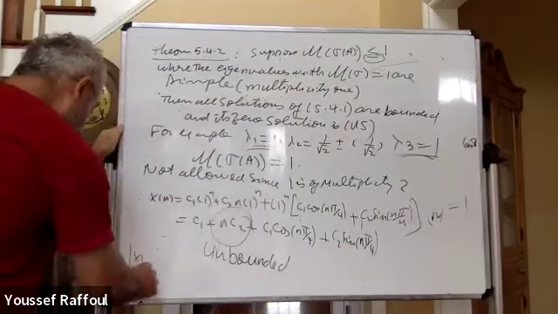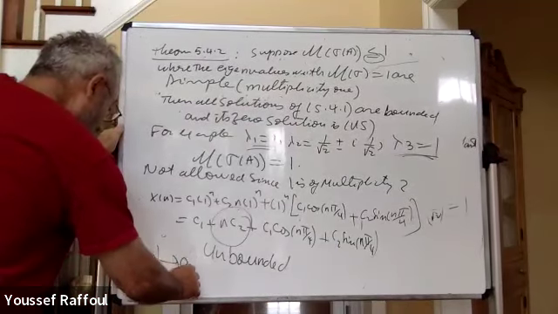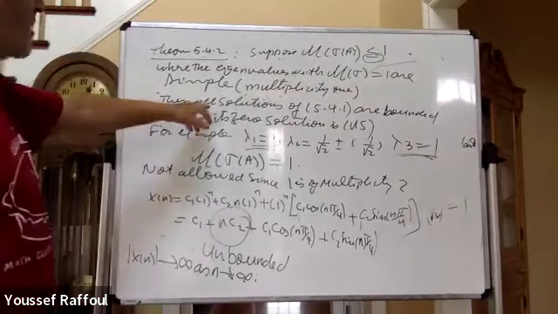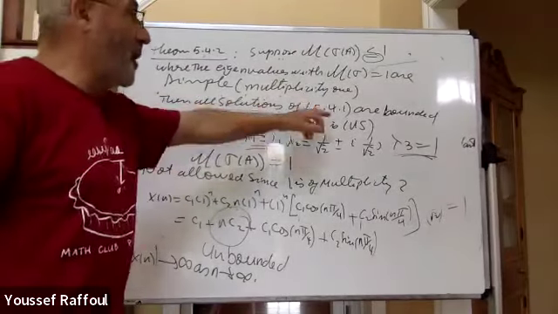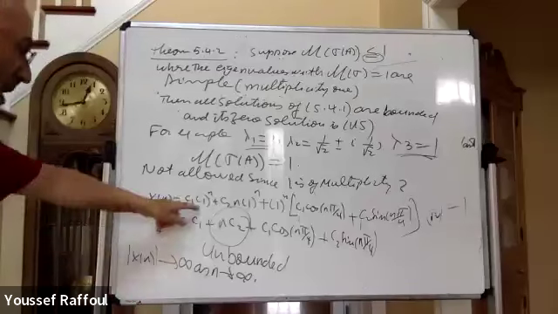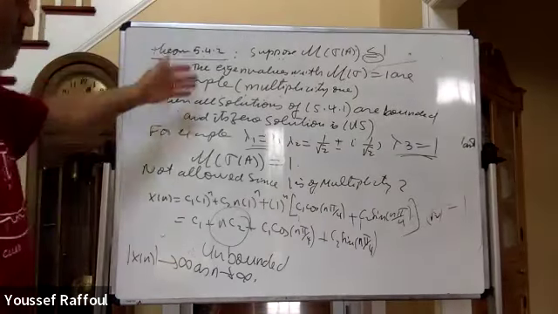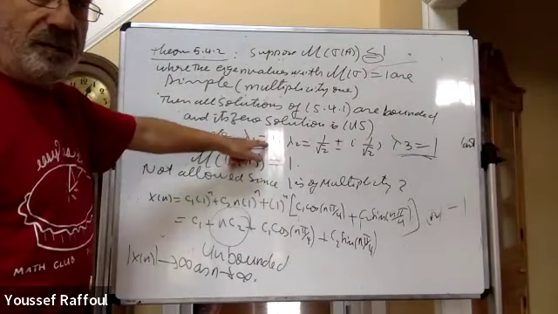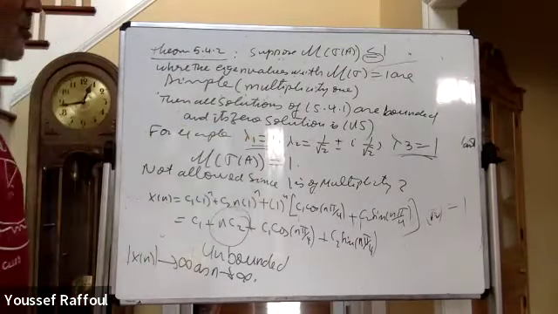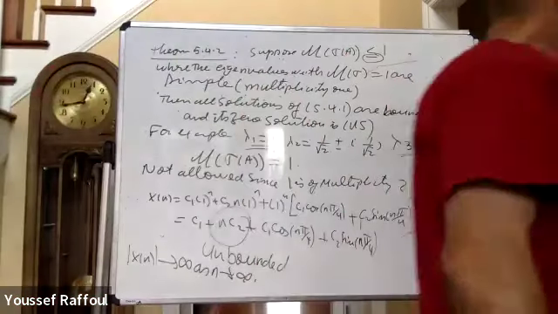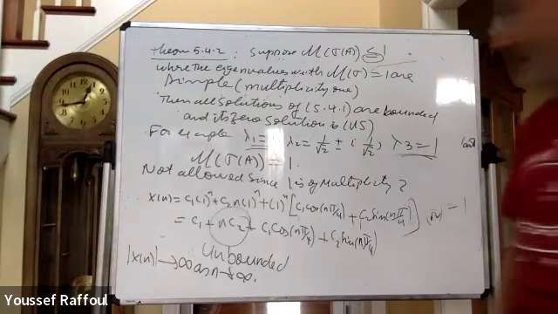That means x_n goes to infinity as n goes to infinity. But the theorem told us all solutions of 5.4.1 are bounded. Well, they're not. But this does not contradict the theorem because the first eigenvalue is repeated. Okay?